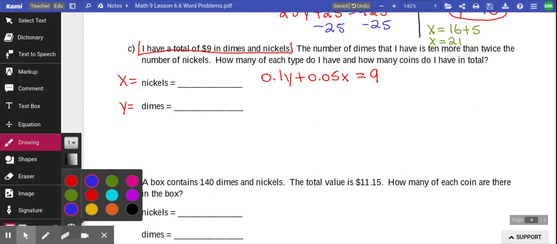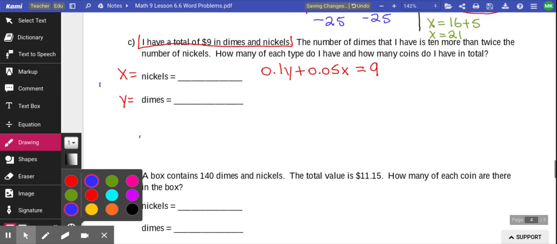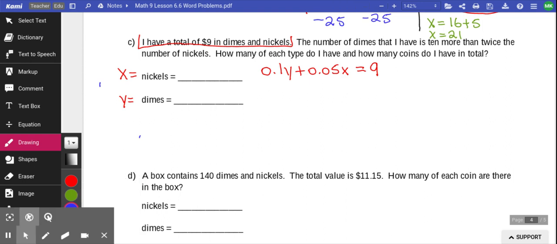The next sentence should create the next equation. So if I read my next equation, it says the number of dimes that I have is 10 more than twice the number of nickels. So if we try to build that, the number of dimes I have, dimes was y.